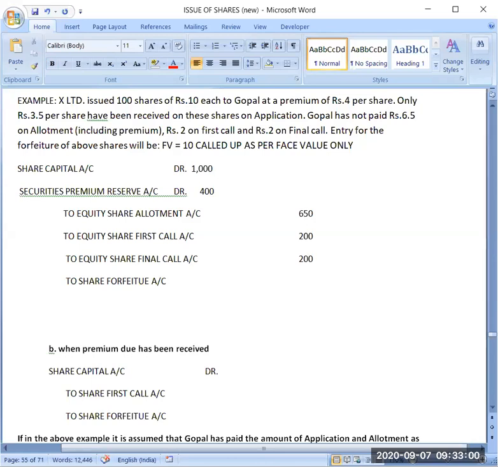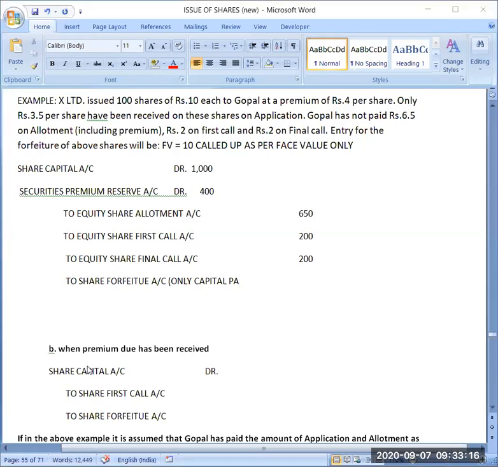Capital part will be here. Yes, we can open the calls in arrears account also. If we have opened calls in arrears account at that time, then here also we will be opening calls in arrears account. Only capital part. You will never include premium here in the forfeiture.